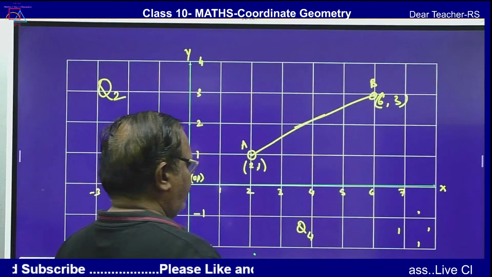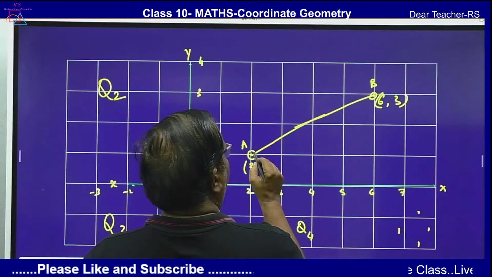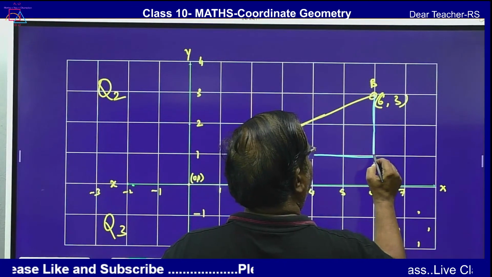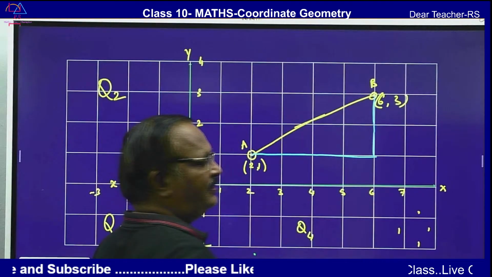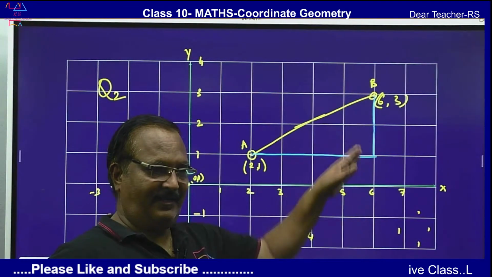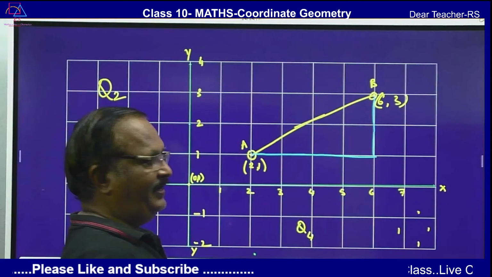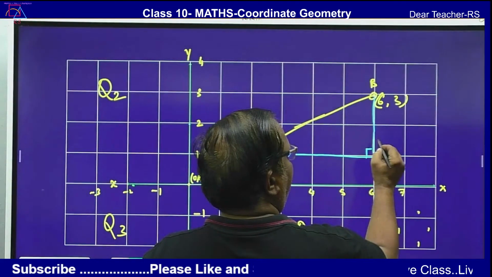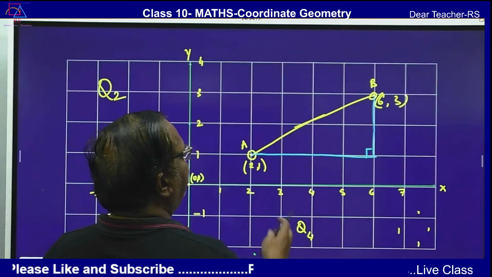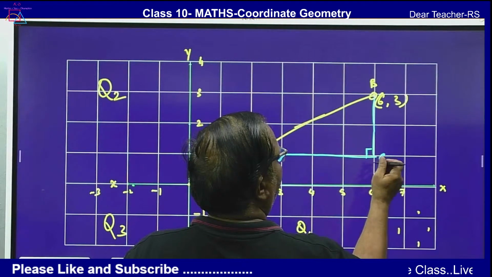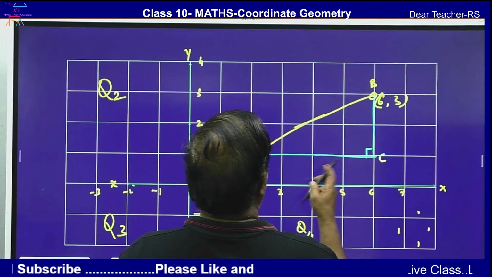For this you have to form a right angle triangle. That means you need a horizontal and you need a vertical. So now you have got a right angle triangle here. Am I right? Let us say this is C. Now how much is this?